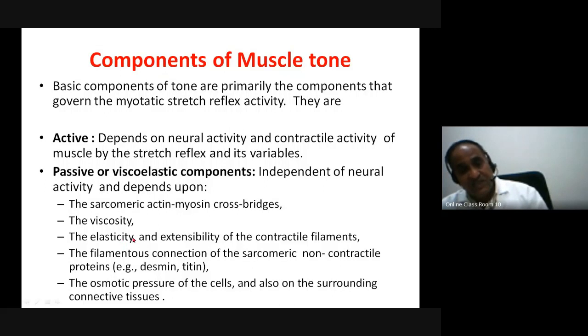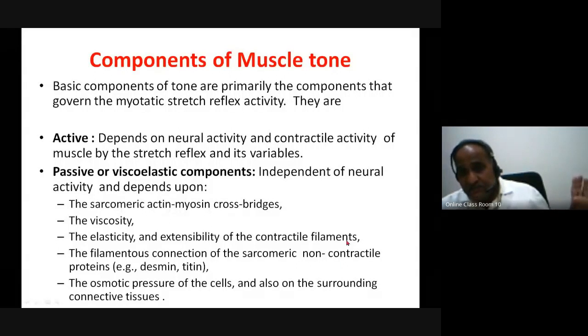Elasticity, if you are true to physics, means when you apply a force, it will regain back its original position or original base. And elasticity and extensibility of the contractile filaments, that is also a viscoelastic component.